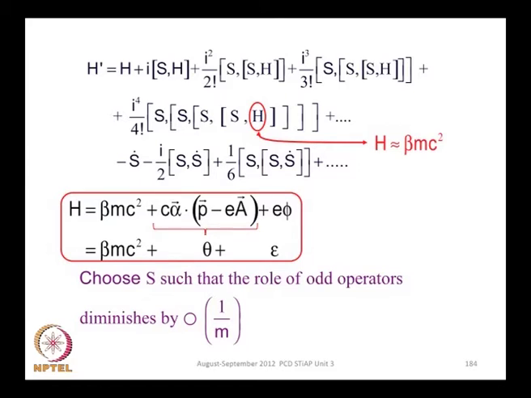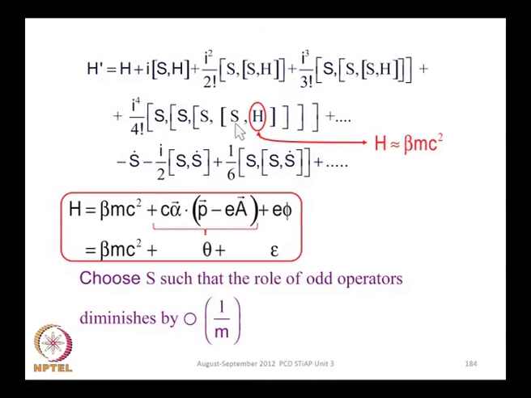Notice that over here I must write the full Hamiltonian inclusive of these terms, the first term, the second term and the third term, but in the fourth term, if I approximate h only by beta m c squared and choose s to be an operator of order 1 over m, then I have 4 of these s operators in this term.